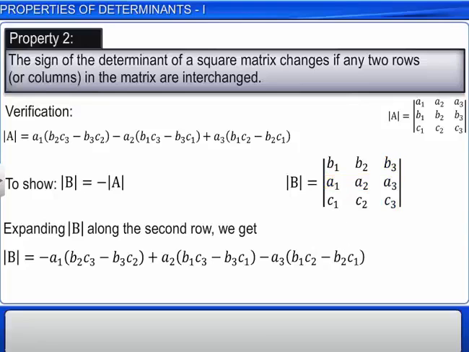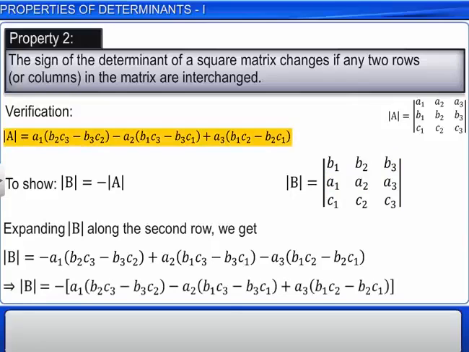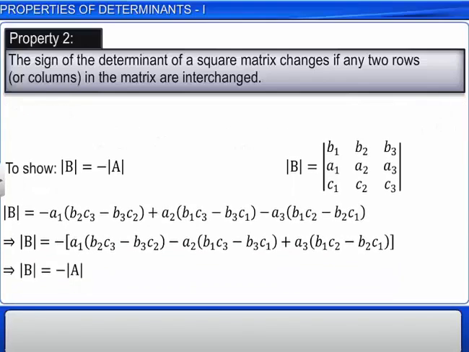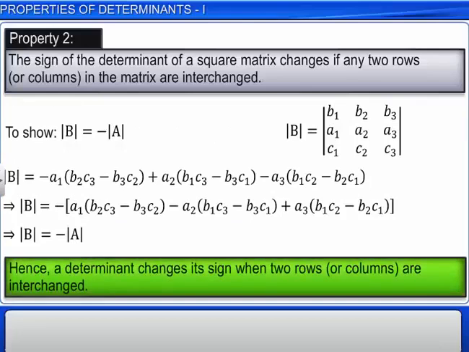Observe that this is the expansion of the minus of determinant A. Thus, we have determinant of B is equal to minus of determinant of A. Hence, we can say that a determinant changes its sign when two rows or columns are interchanged. This verifies the property.